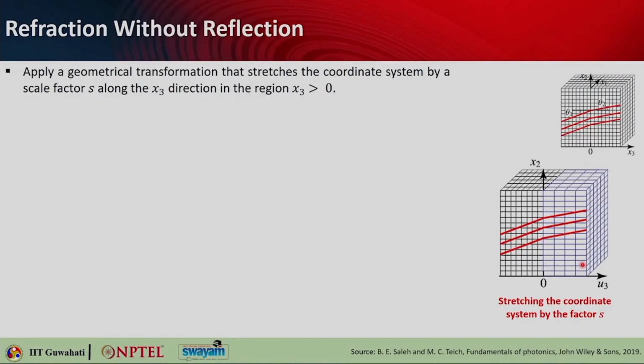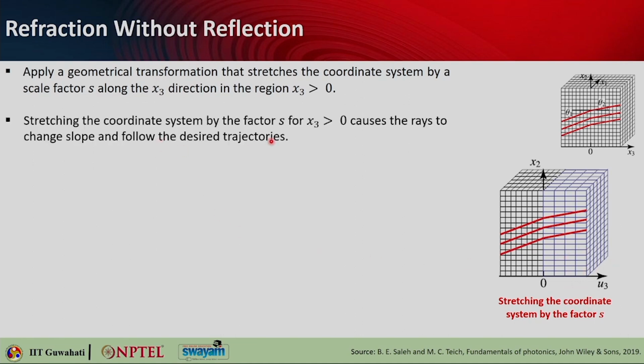You just stretched the entire coordinates by a factor of s. All these lines got stretched. Stretching the coordinate system by a factor of s for x3 greater than 0 will cause the rays to change their slope, and now they will follow the desired trajectory. Understood?